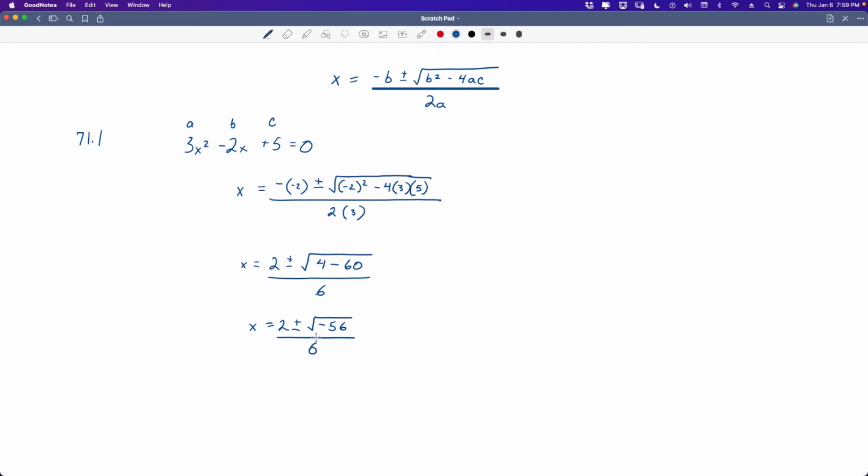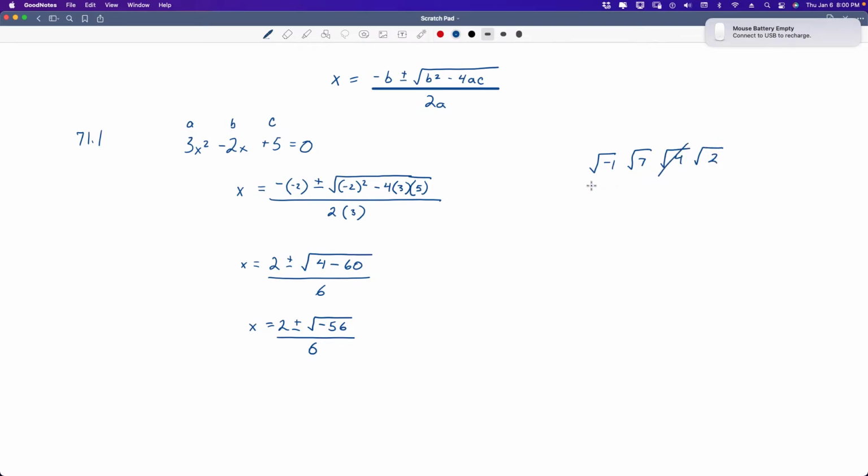So we've got to simplify the square root of negative 56. So we have the negative 1, right? And then 56 is 7 times 8. So that's going to be 4 times 2, right?